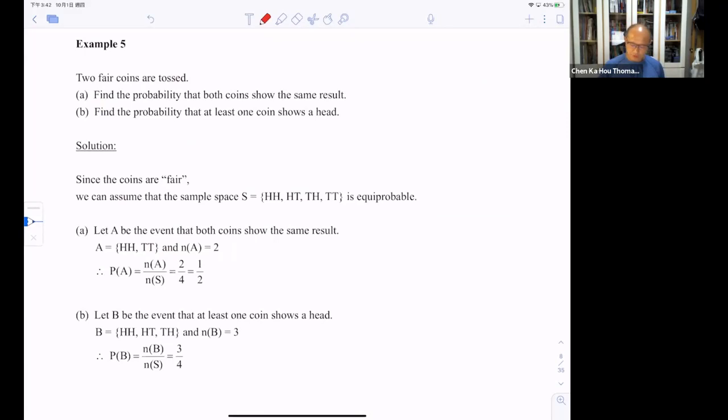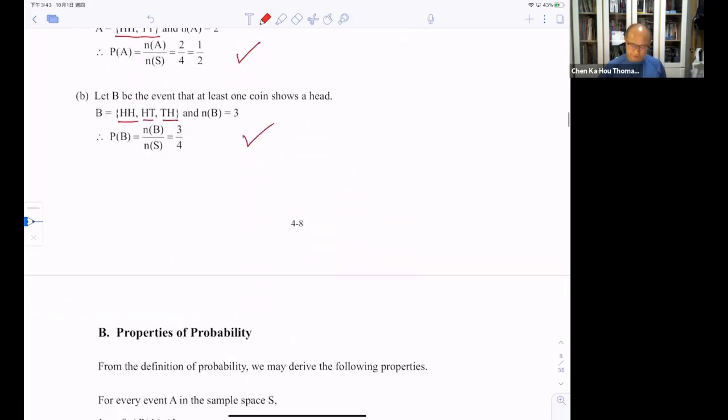If both show the same result, they are head-head or tail-tail. So it is 1 over 2. Okay. B is at least 1 head. At least 1 head could be the first one or the second one, or both. So the result is 3 over 4. Okay. Understand, students? Very straightforward example, right? Okay, next.